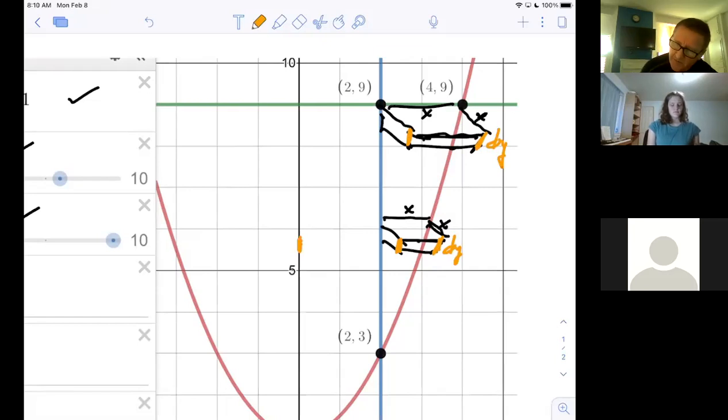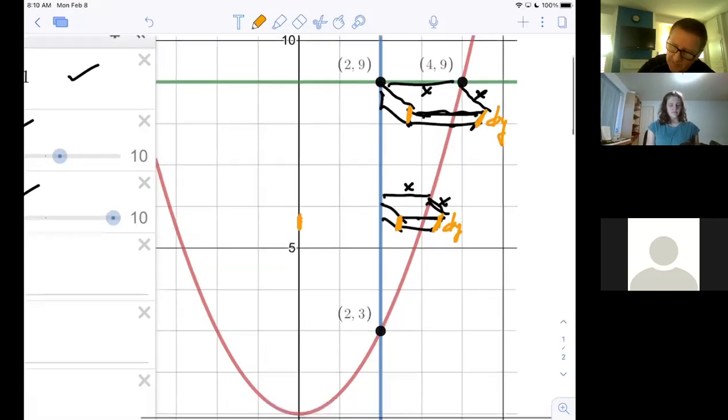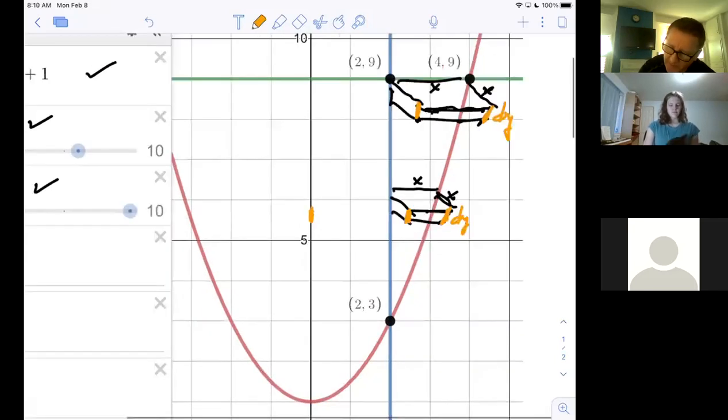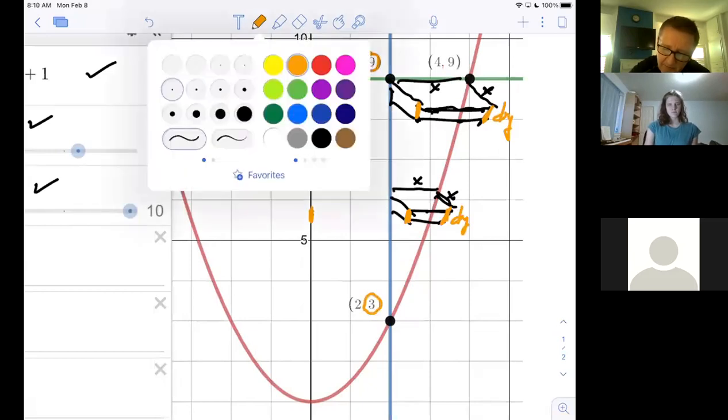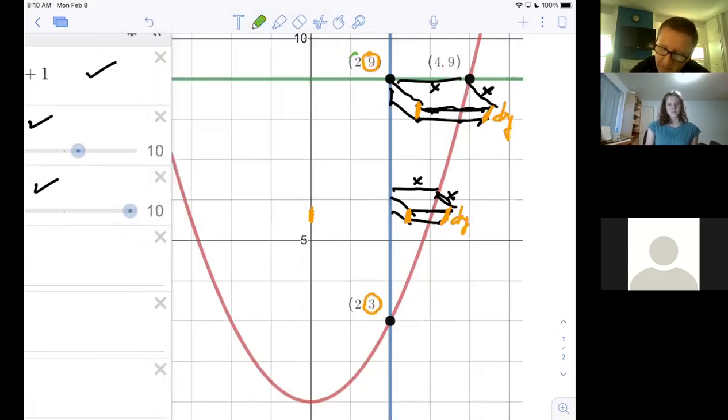And do you notice that this is going from, well, either this shape lives from y equals 3 to y equals 9, or it lives from x equals 2 to x equals 4. Do you see how that is not obvious? Like which ones we're doing here?